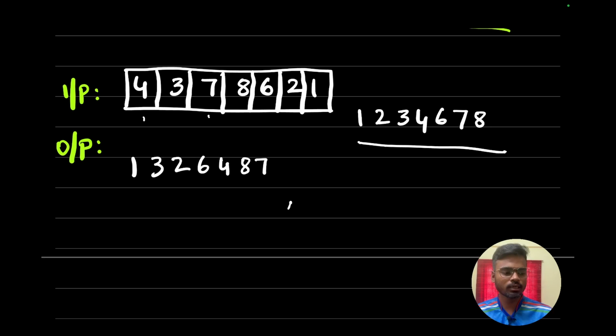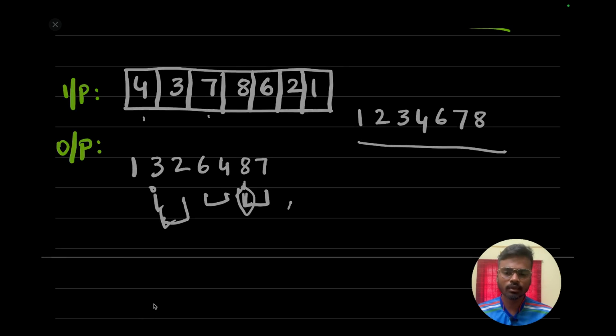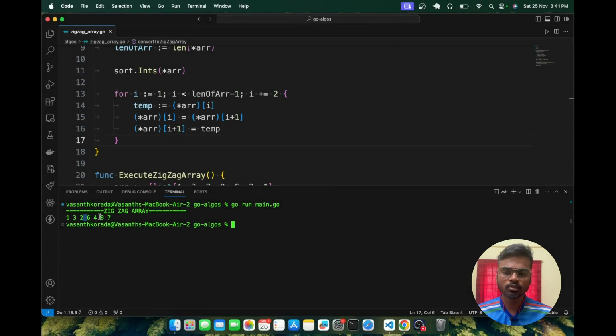Basically we start our iteration from the first index and go until length of array minus 1, and until our loop completes, we swap the I and I plus 1 elements in every loop iteration, like this. In that case we achieve a zigzag pattern array, 1 3 2 6 4 8 7. That's how you can convert the given array into a zigzag array.